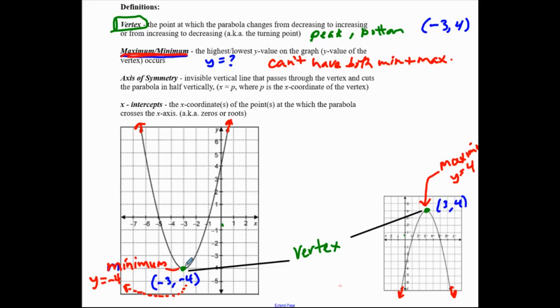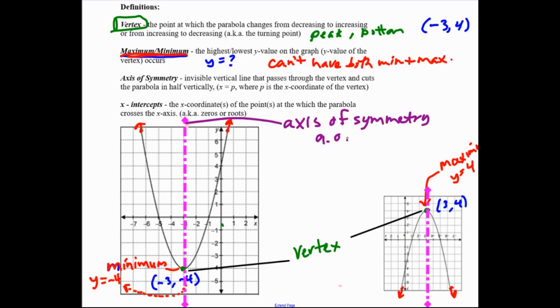An axis of symmetry is the line that goes through the middle of the vertex. So we have our axis of symmetry, and sometimes we just short form say AOS.